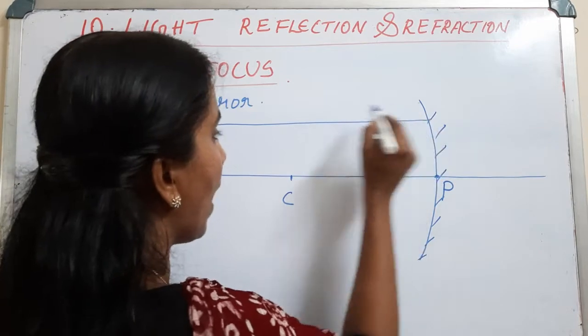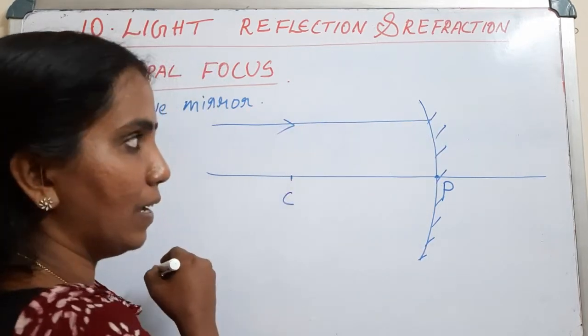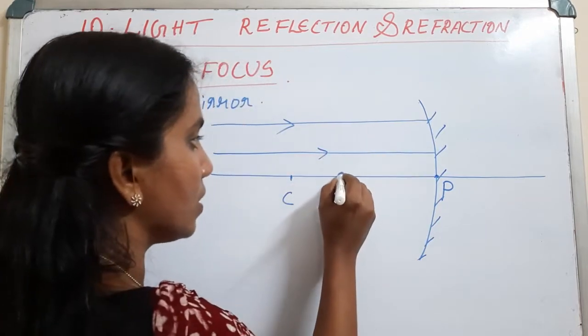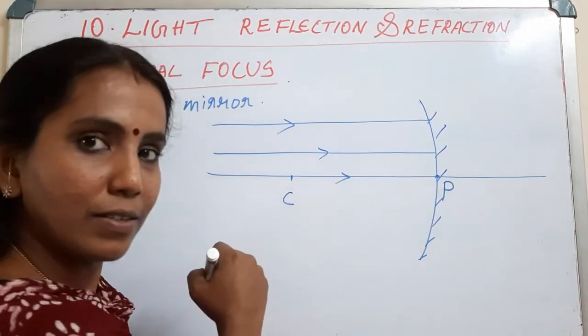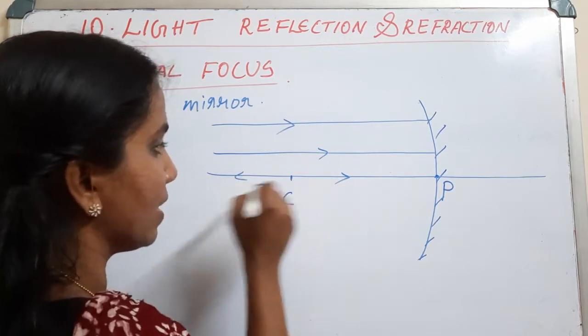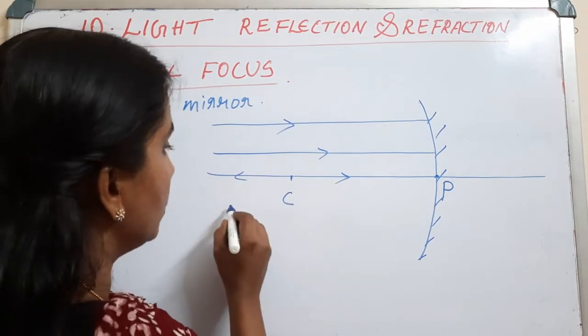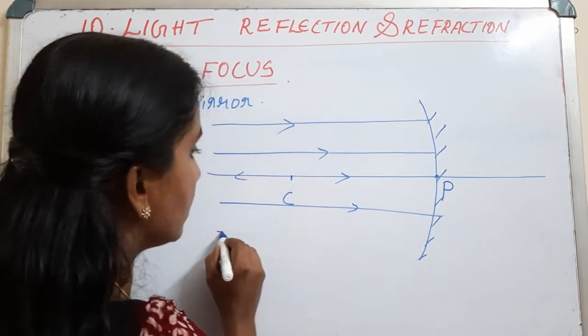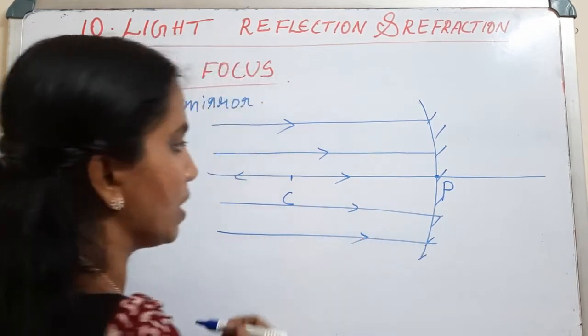Two rays I am drawing here. Here also a normal ray you can draw. Now that ray will be retracing the path. Now here also I am drawing two rays.